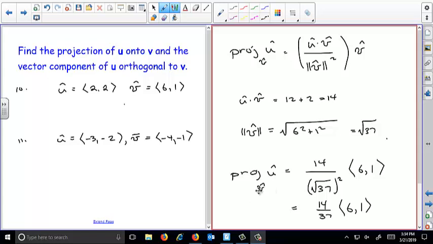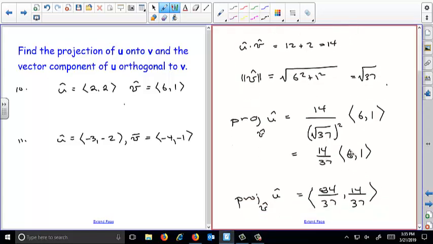So the projection of vector u in the direction of vector v is u dot v, which is 14, divided by the magnitude of v squared, which is square root of 37 squared, which is 37. So we get 14 over 37. And if you multiply this scalar times each component of the vector, you get 84 over 37 comma 14 over 37. So that's the projection of vector u in the direction of vector v.